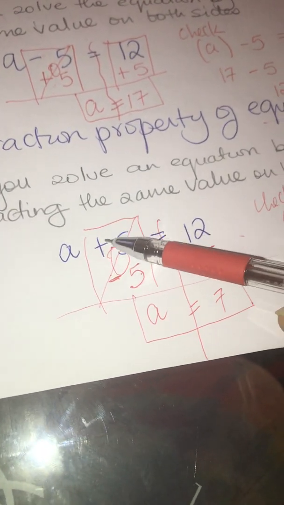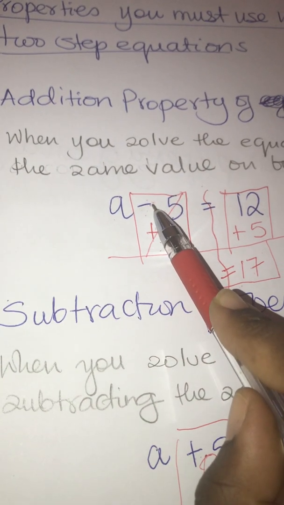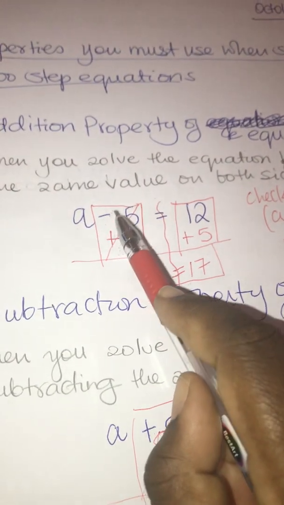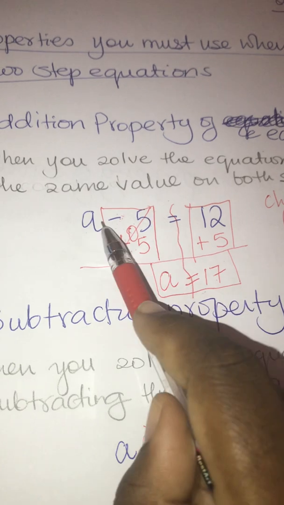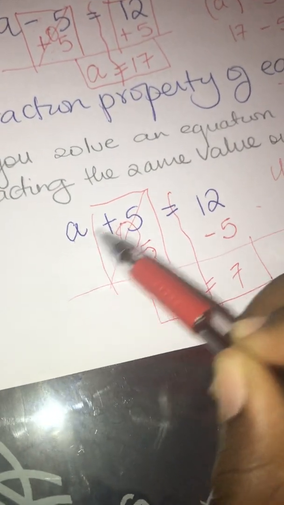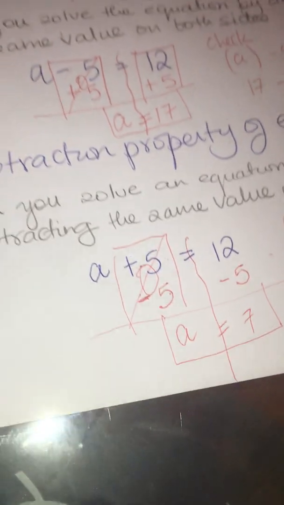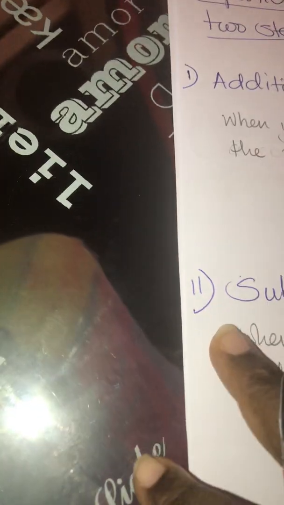Because in the equation there was a positive. How did I know I am applying addition property of equality? Because in my equation I am subtracting the constant from the variable. Here I was adding my variable with my constant. So you do the opposite, okay? Or the inverse operation.